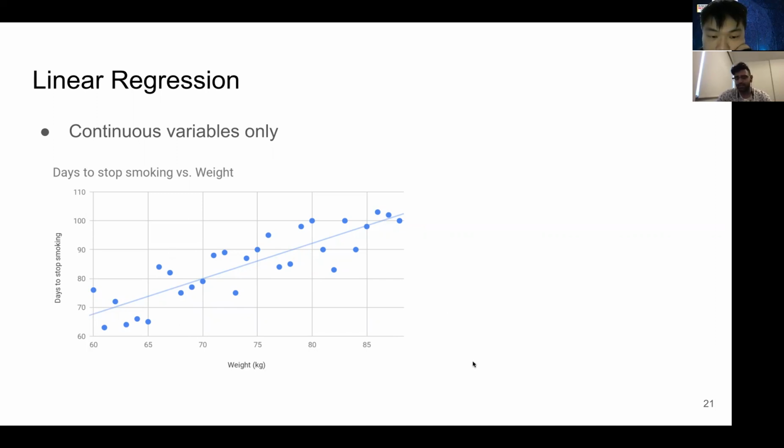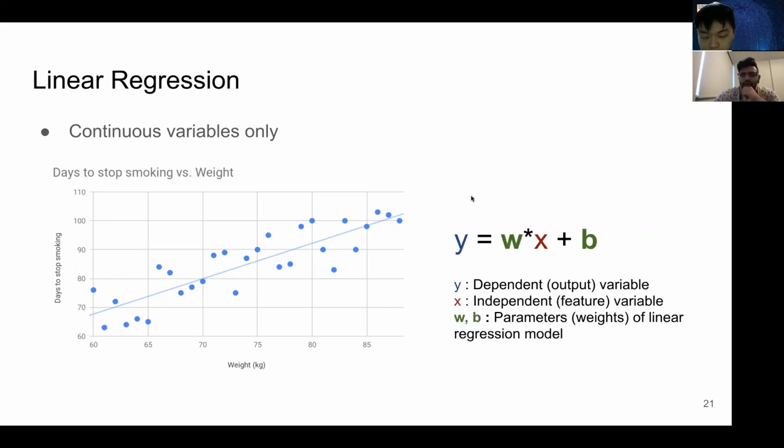It's trained in a similar way to all the other machine learning models, where it arbitrarily draws a line or decision parameter, and then it seeks to optimize it over time by minimizing the error in the random initial position. So here it fits the equation. It's linear regression, so it's fitting a linear model with a weight and a bias. These two parameters together are called the parameters of the machine learning model, and these are what's optimized. The X is the input data that you are giving the model. In this case, it would be the patient's weight, and the Y is what you're seeking to predict. In this case, it'd be the days to stop smoking.